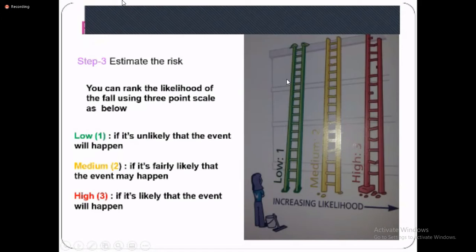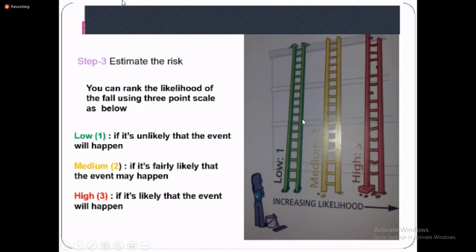This is low, that means green. Perfect, the rungs are good and you don't have any issue. The platform is stable, and the top is also perfectly attached to the top area. There are no issues here. It's low, then the risk likelihood is very low.